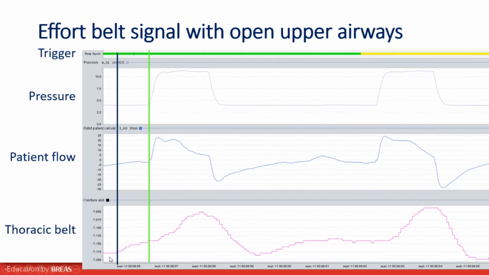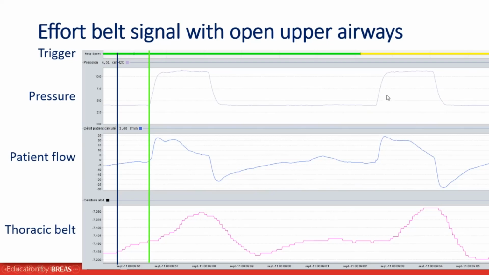So how can we see it in detail? If we compare a breath that is triggered by the patient, so a green colored breath, you will see that the thoracic belt will increase first and the ventilator will deliver the pressure later, meaning that the breath starts by an inspiratory effort.